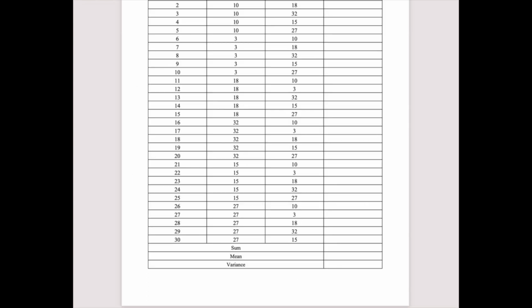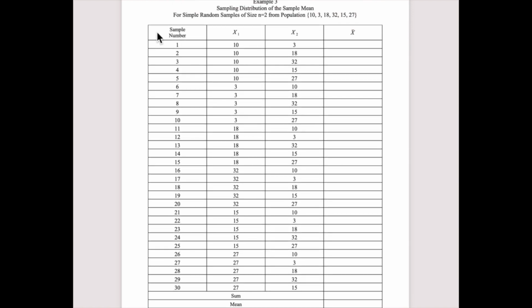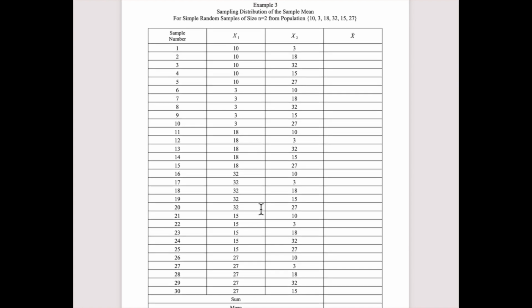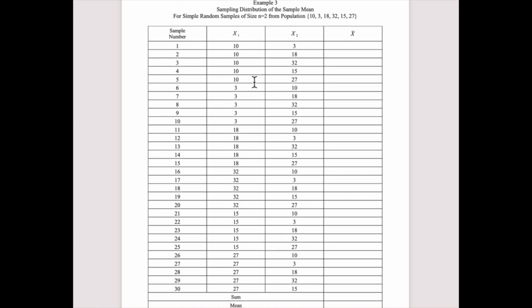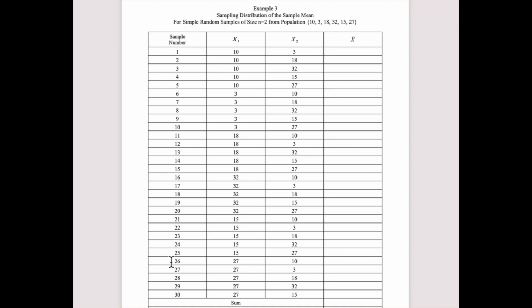Now, we have seen our 30 possible samples. I've got them listed here. I've added a column to my table, and what I'm going to do here is calculate the sample mean for each of my 30 samples. This is just like the example that we did back in the module on IID random sampling.